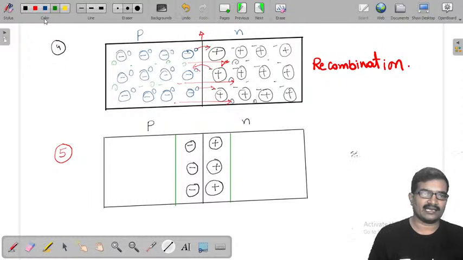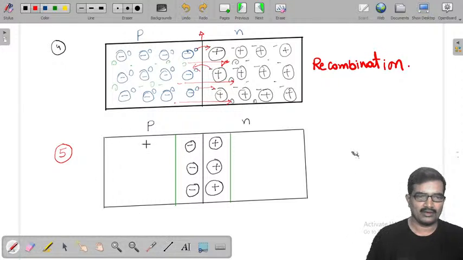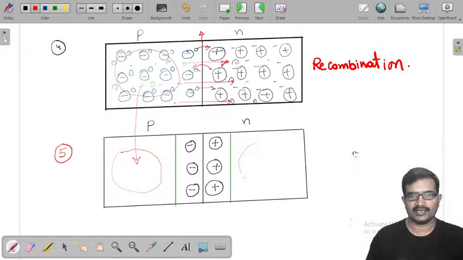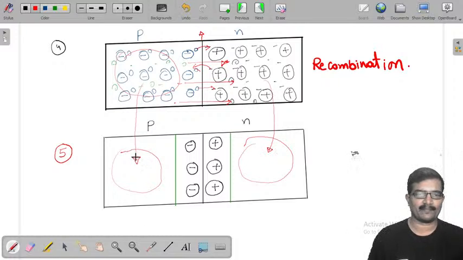The remaining portion here is as usual, this part as usual, and here also this part as usual. Now we have a complete work only in this region.